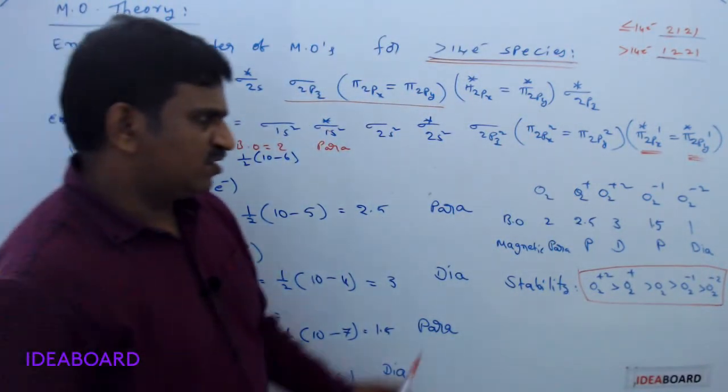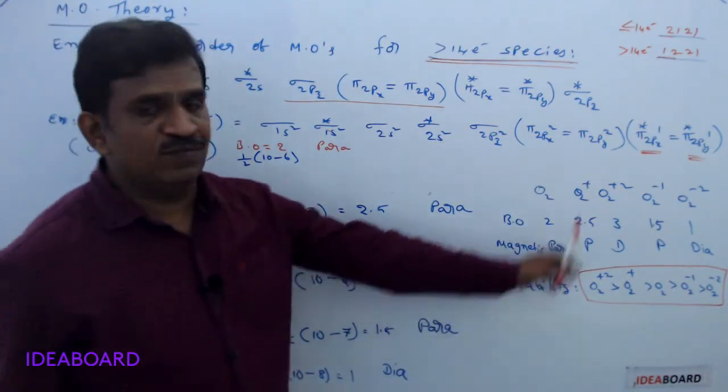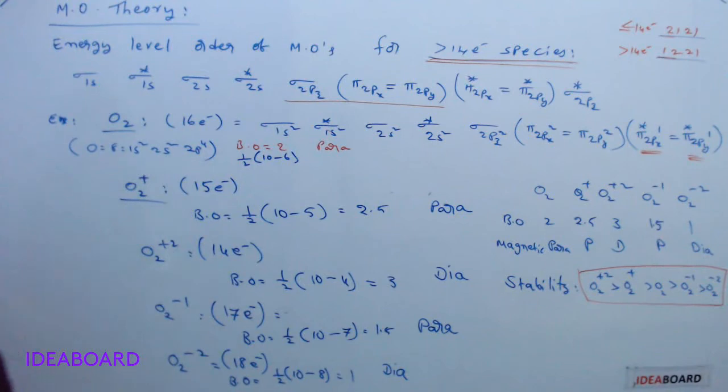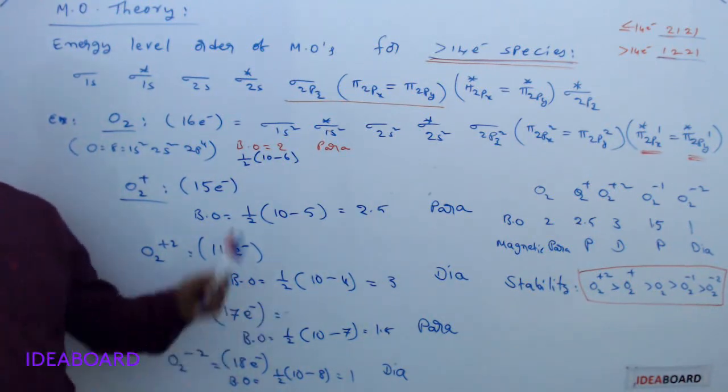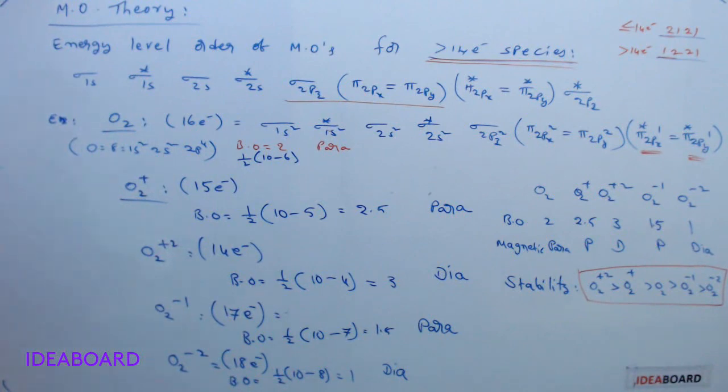Bond order is directly proportional to stability. Not only for O2, we can write different ions also. Tomorrow I will give for hetero atoms.